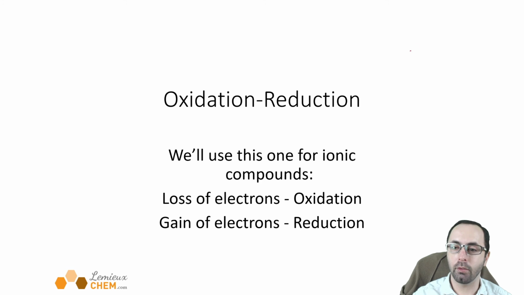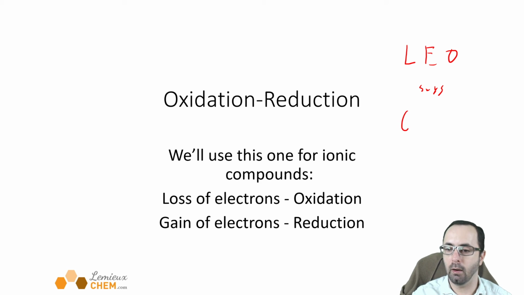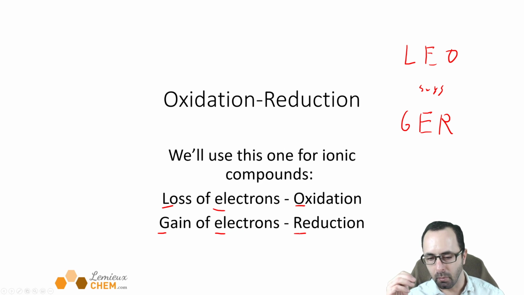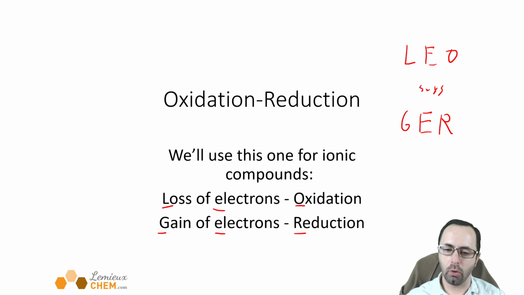A little mnemonic for that is LEO says GER. Losing electrons is oxidation, LEO. Gaining electrons is reduction, LEO says GER. And so that's one way of evaluating it. I'll also show you a kind of simpler way too for ionic compounds.